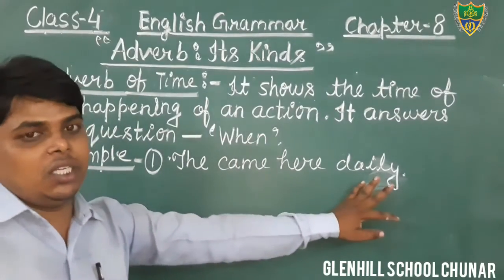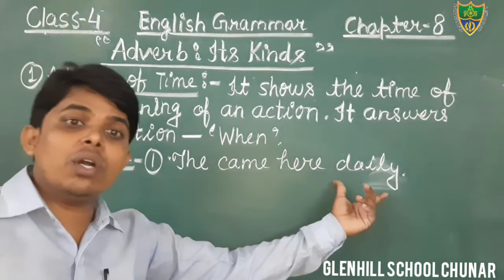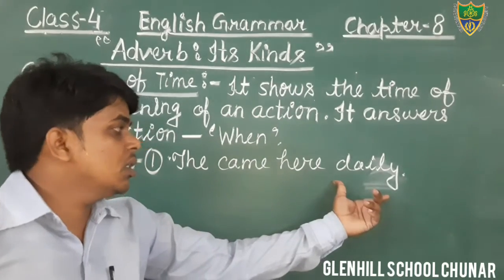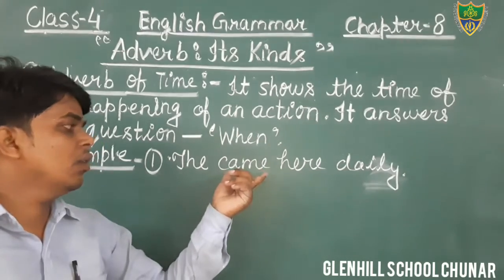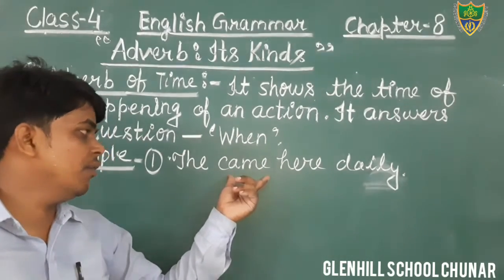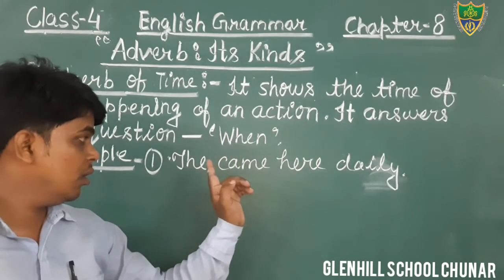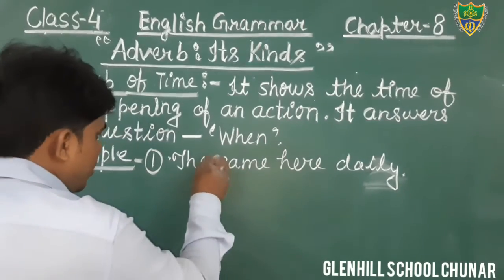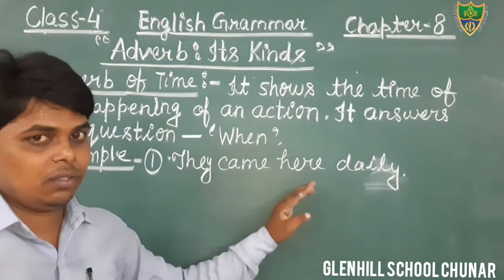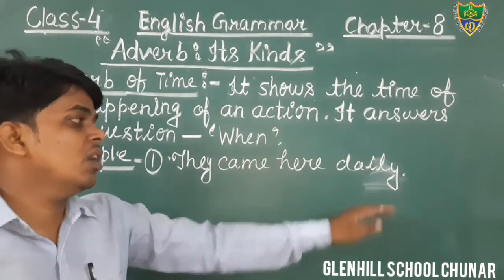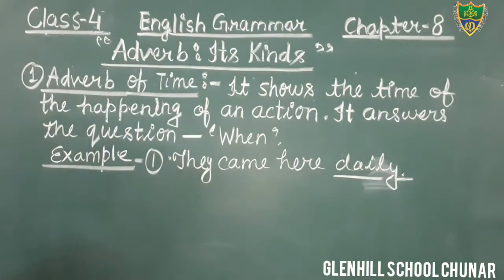The word daily denotes what? Time. It also qualifies that verb, and it also gives the answer to the question when. When did they come here? They came here daily. In this sentence, the word daily denotes the adverb of time.